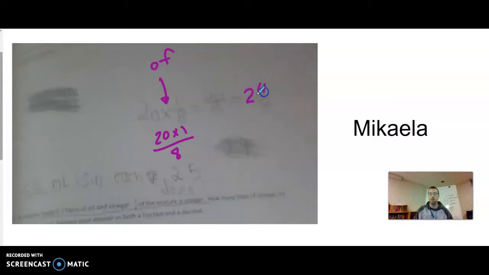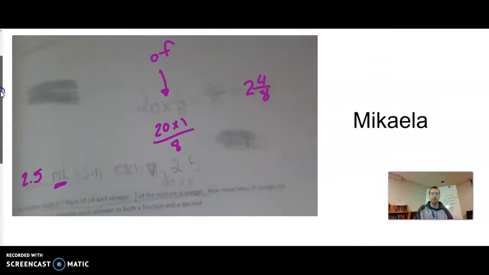And then she took it and put it into her sentence. Here's her label. And she put it into a decimal, as in 2 and 5/10. We know 4 is half of 8, so giving us 5/10. Awesome work, Mikayla. Very, very nice.